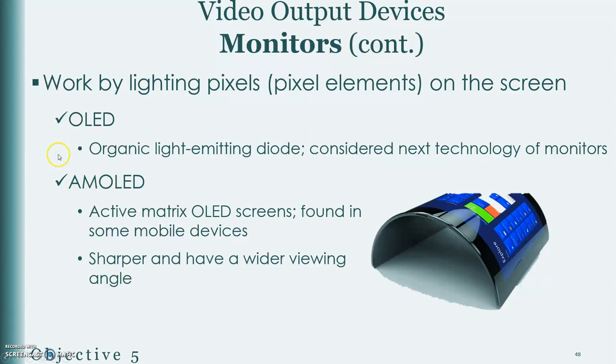Okay, so like I mentioned before, OLEDs right here, organic light emitting diodes. These type of monitors are 10 times more efficient than LCDs, than the liquid crystal displays. The way they work is they use organic compounds that produce light when the compounds are exposed to electric current. So unlike LCDs and LEDs, OLEDs don't require a backlight to function, and therefore they use even less power and are able to have a much thinner display.